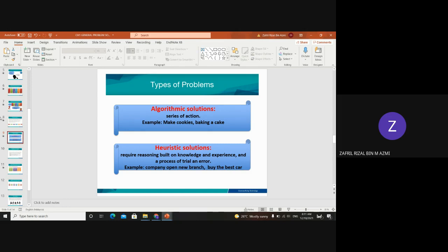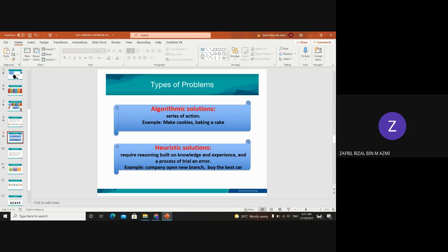And then next is heuristic solutions. Heuristic solution in real life requires reasoning built on knowledge and experience.